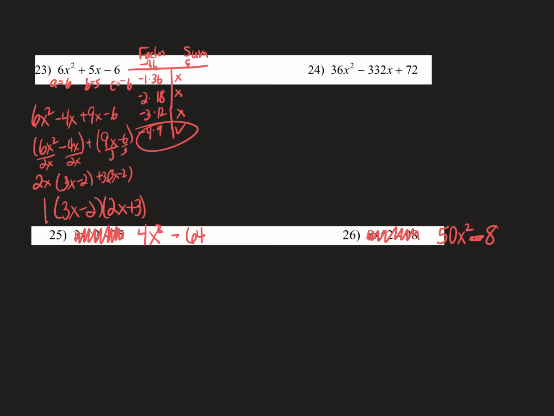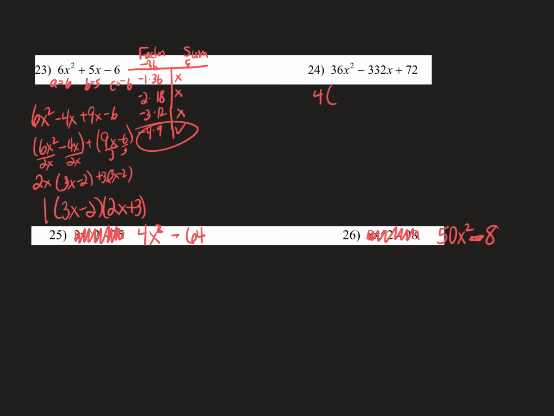So 9x squared, no, 332 divided by 2. Oh, it's 166, but 2 will still go into it, so 4.